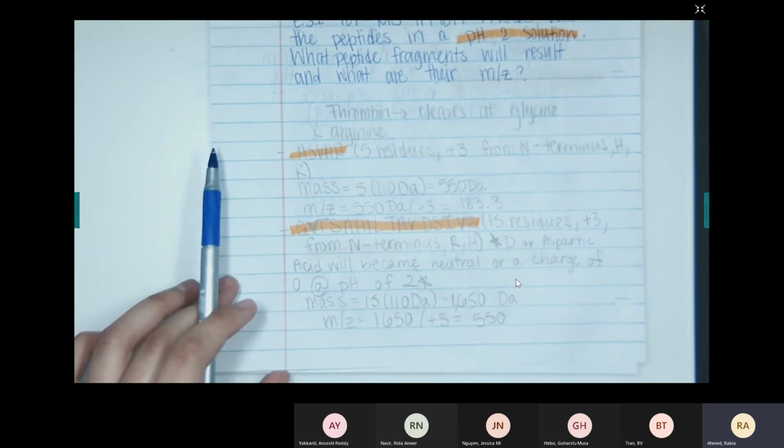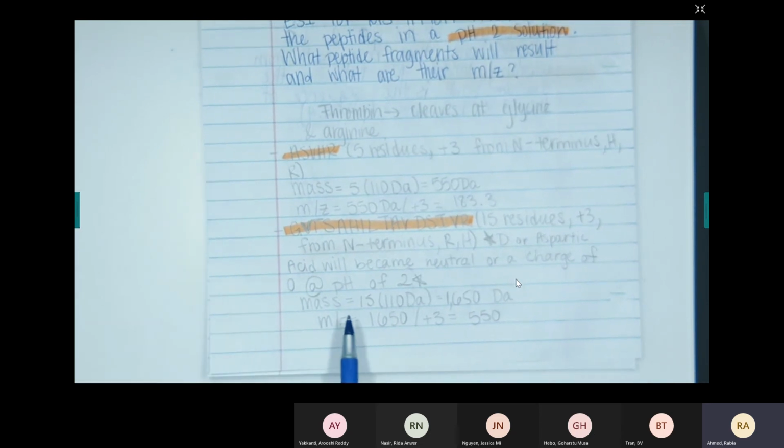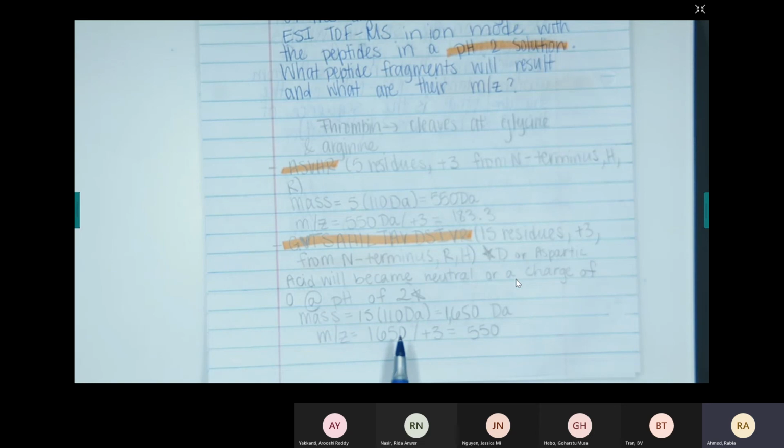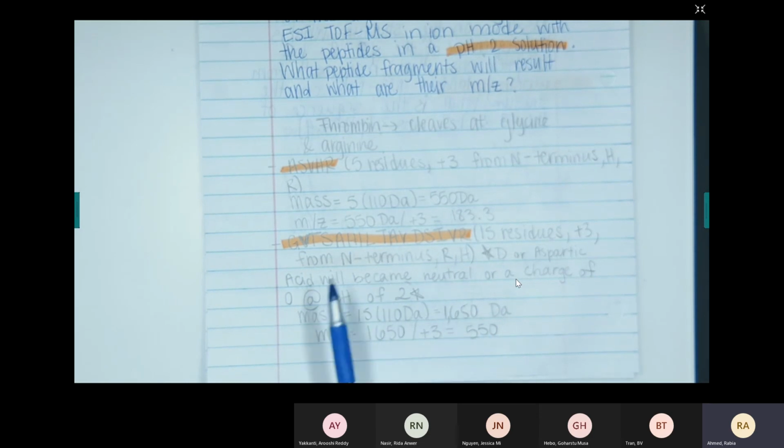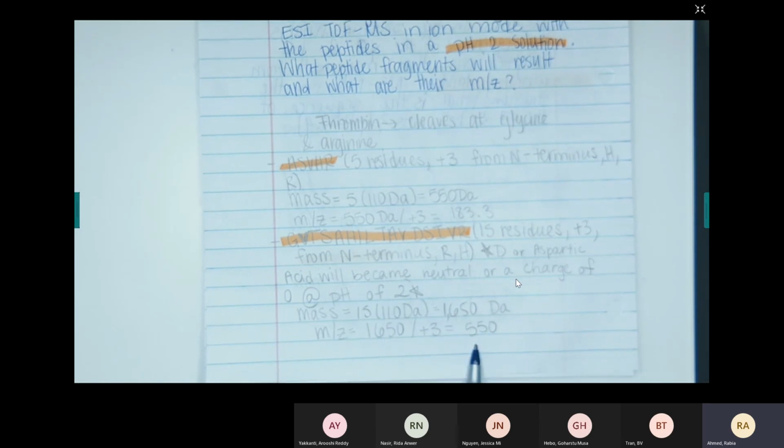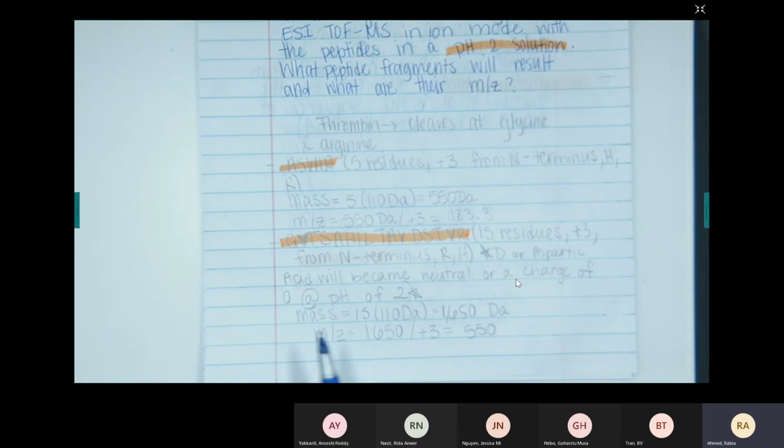So then we look at the mass, and we're going to do the 15 residues times 110 Daltons equals 1,650 Daltons. And then M over Z is equal to 1,650 Daltons divided by the +3 charge that we got from our peptide sequence here, and it's equal to 550 for M over Z.